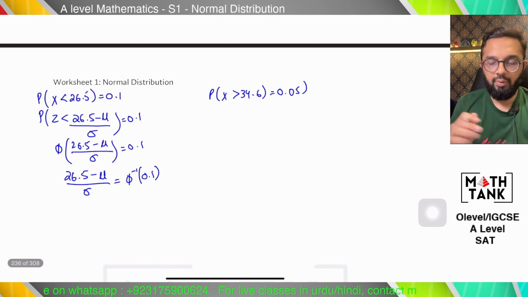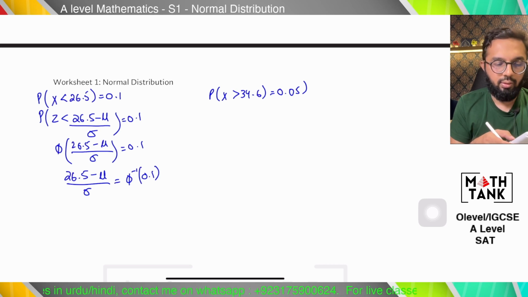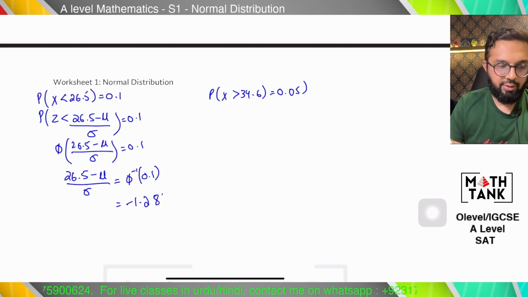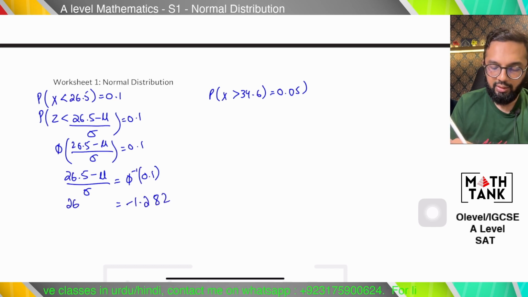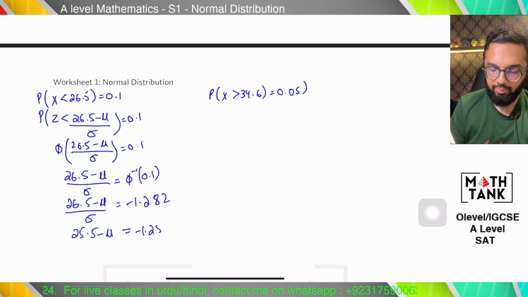Phi inverse of 0.1, from the table, is going to give minus 1.282. So 26.5 minus mu over sigma equals minus 1.282, so 26.5 minus mu equals minus 1.282 sigma.